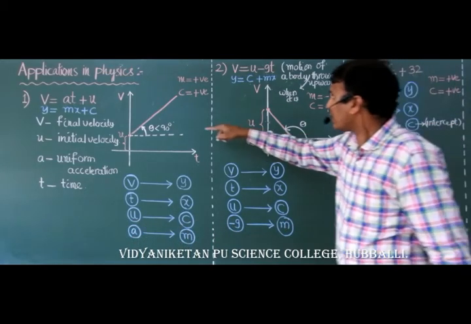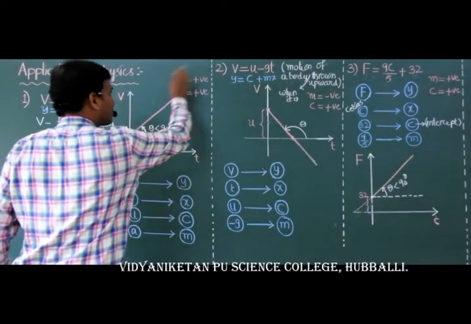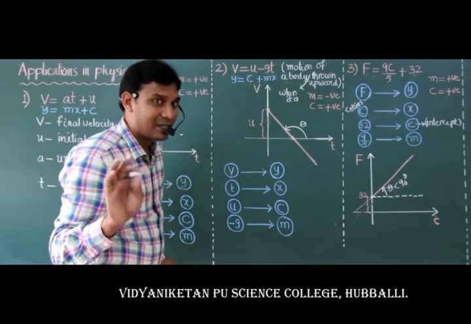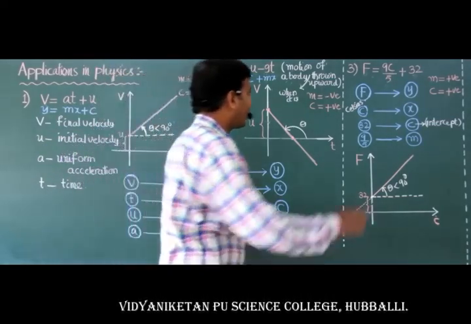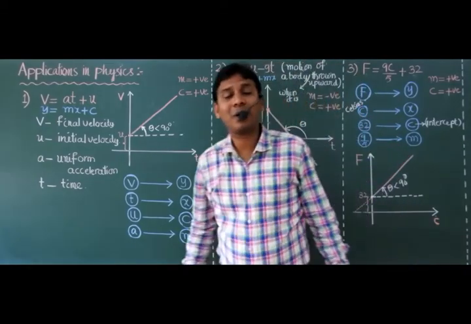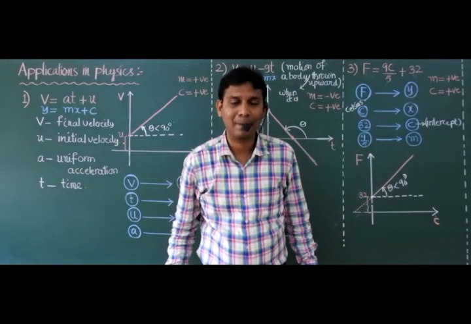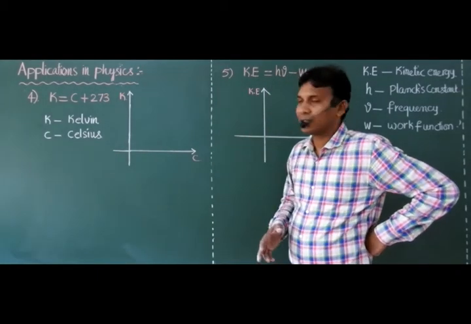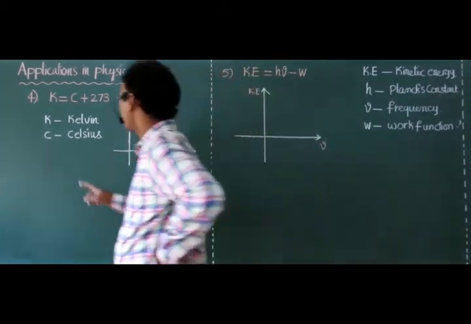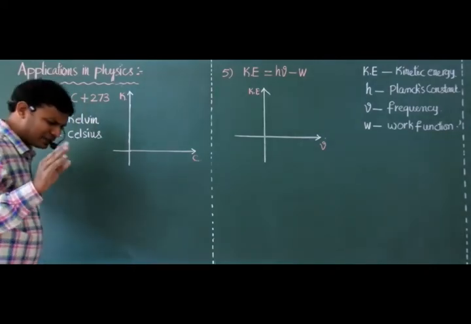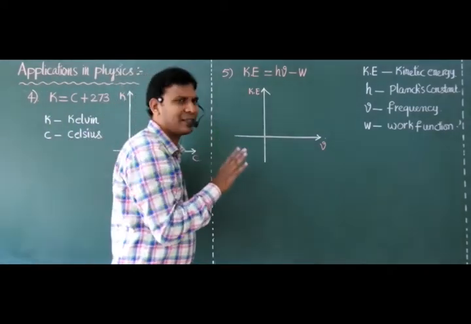So these are the three applications. These two belong to motion in a straight line, first PUC. This equation belongs to thermal properties of matter. Clear? Yes. Right. So two more applications I am going to explain. K equals C plus 273. Sir, please don't ask how we get these relations.